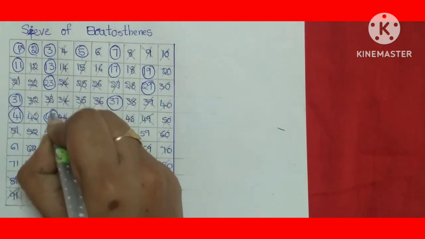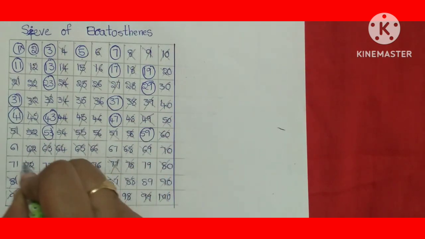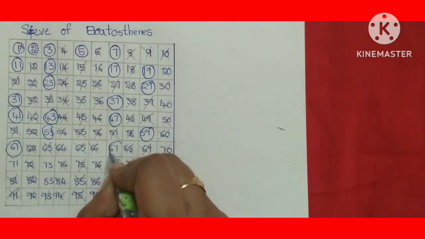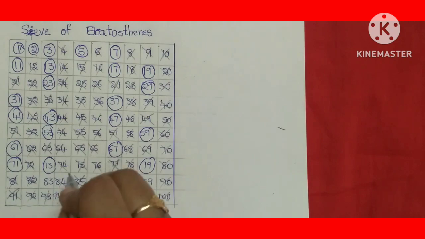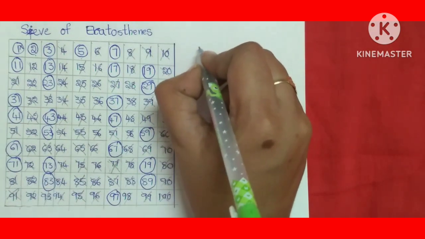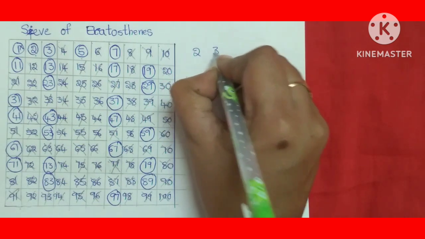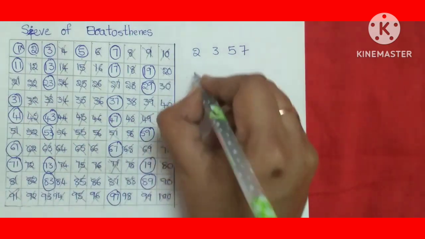That's why we are rounding the remaining numbers. Those are 13, 17, 19, 23, 29, 31, 37, 41, 43, 47, 53, 59, 61, 67, 71, 73, 79, 83, 89 and 97. These are prime numbers because all these numbers have only 2 factors.